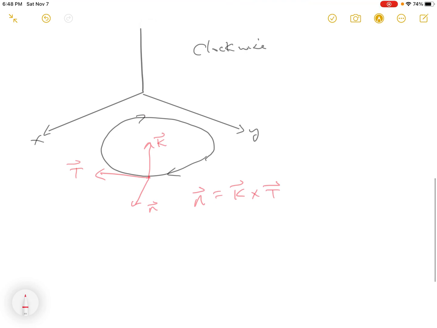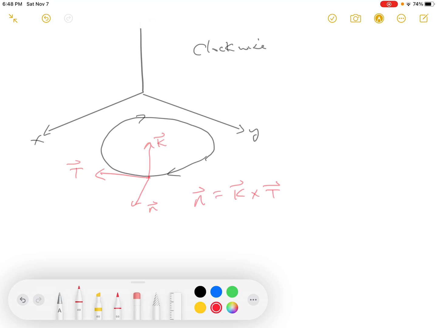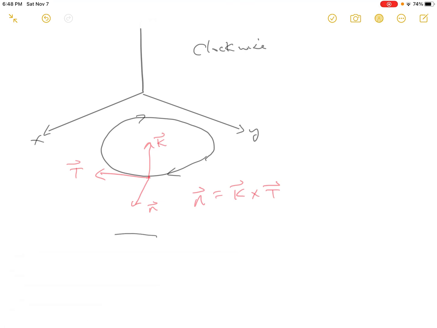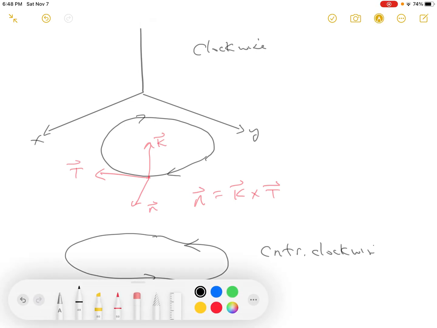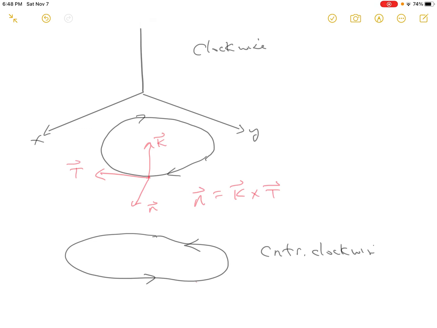So if you have the same setup, only now we're going counterclockwise, t is going to go this way.